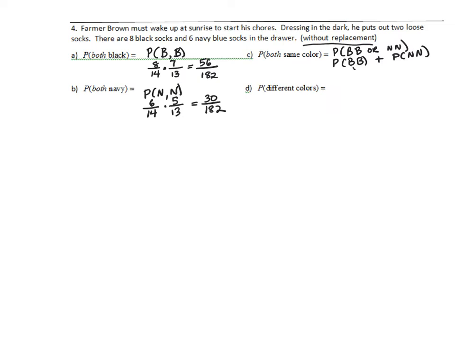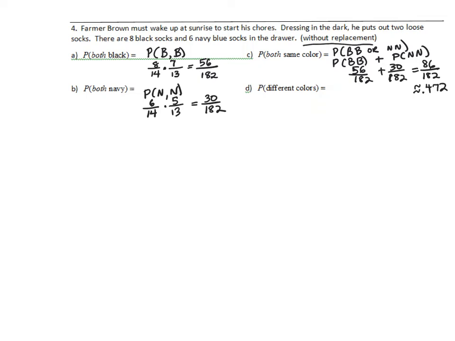So we would take 56 out of 182 and add it to 30 over 182, and our answer would be 86 out of 182. Let's see. If I change that back into a decimal, we get 0.472. That's pretty close to a half, I would say. So he has something very close to a 50-50 chance of pulling out a matching pair of socks.